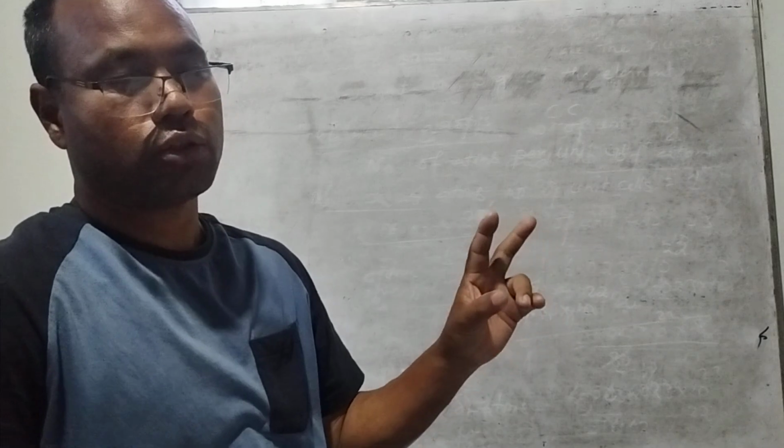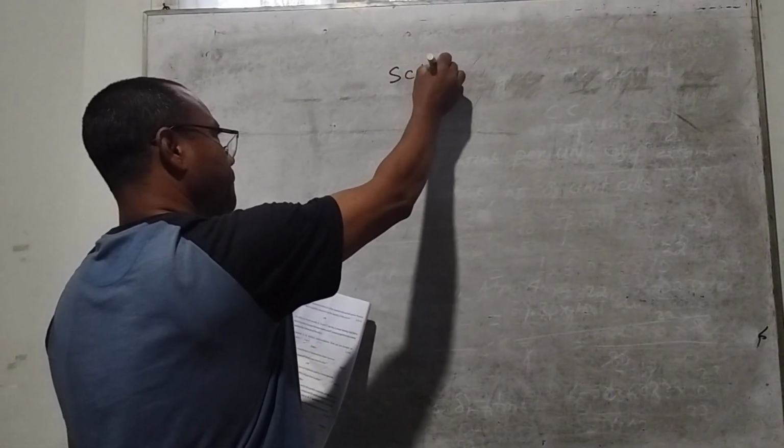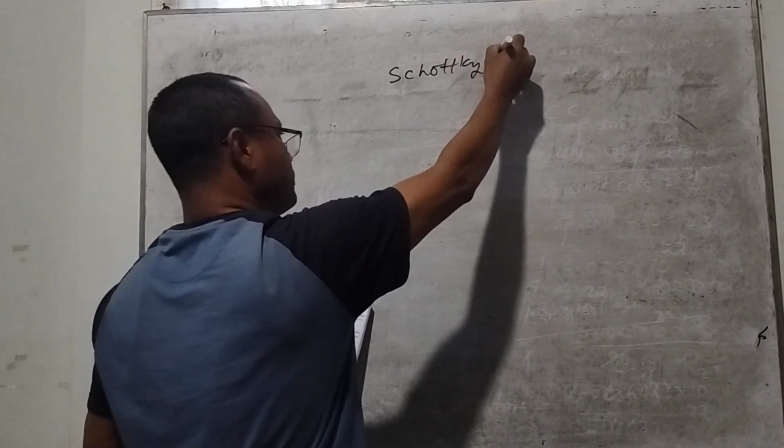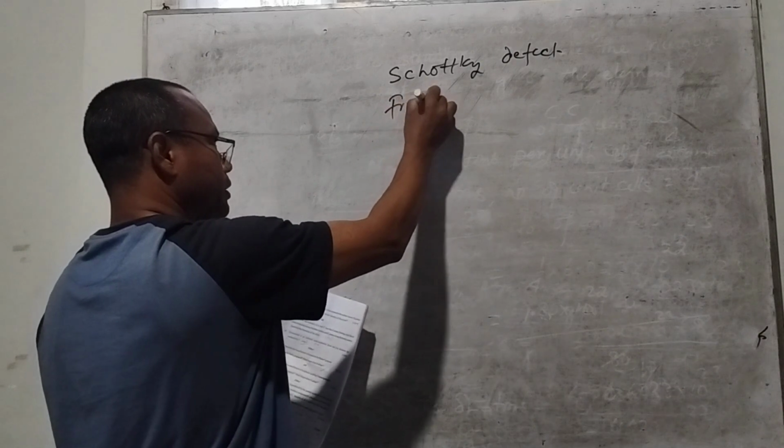In stoichiometric defect, we discuss 2 types: one is the Schottky defect, number 2 is the Frenkel defect.